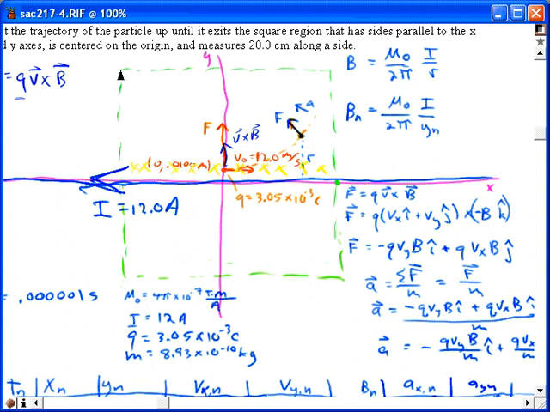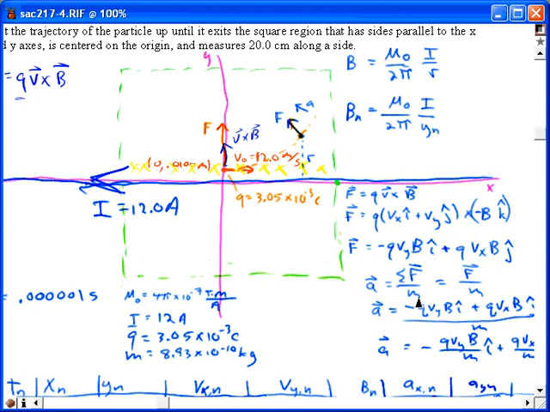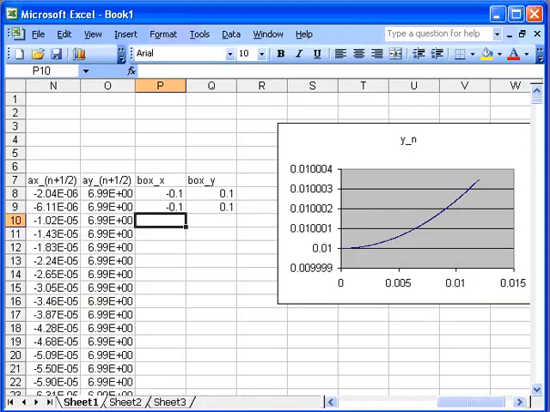and then I go up to the next corner up here. That would be minus 0.1 but plus 0.1 for the y value. Minus 0.1, 0.1, and then over here 0.1, 0.1.